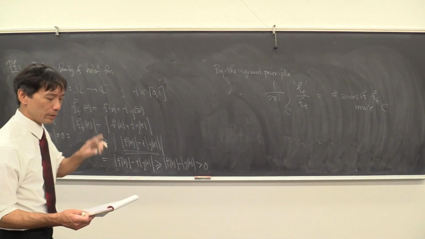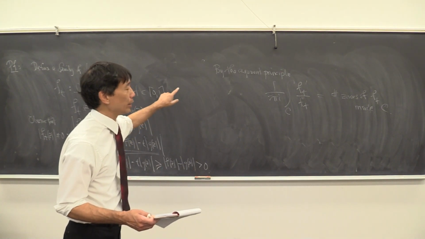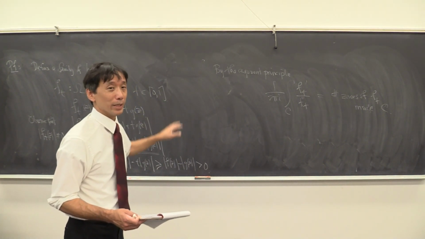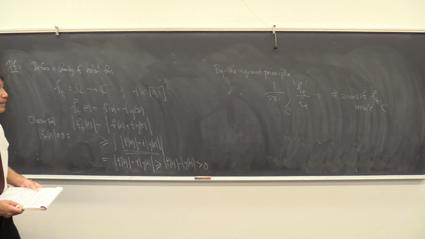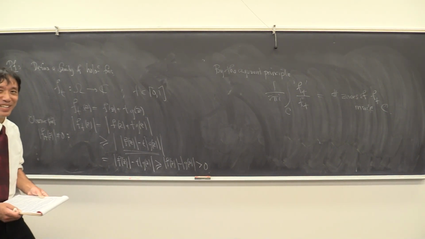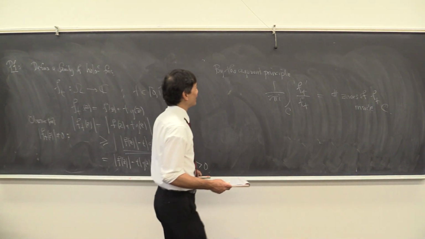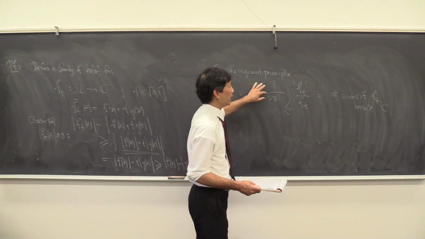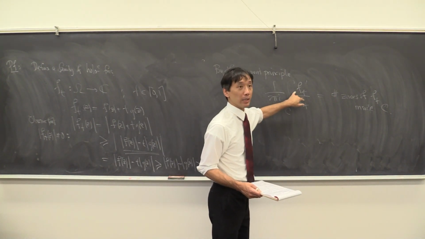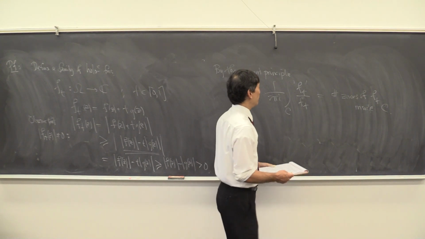No, sorry. f won't have any zeros on C. Oh, on C. Okay. Yeah, that would sort of invalidate a lot of the use of this theorem. So what's the point? That this is the number of zeros inside of C.